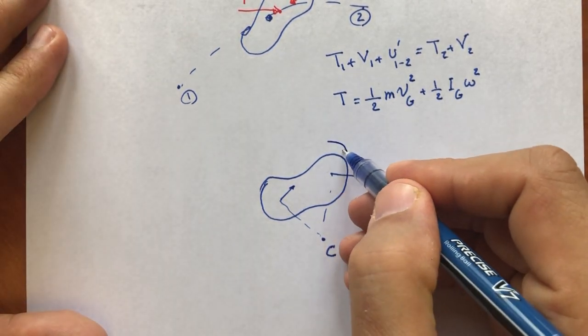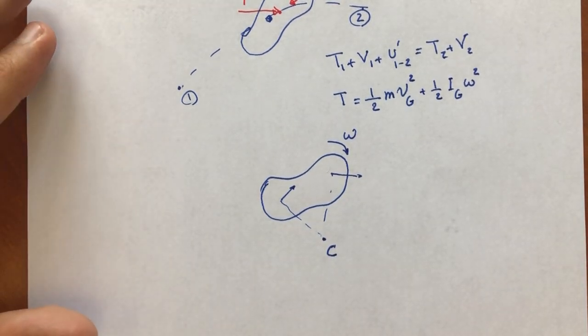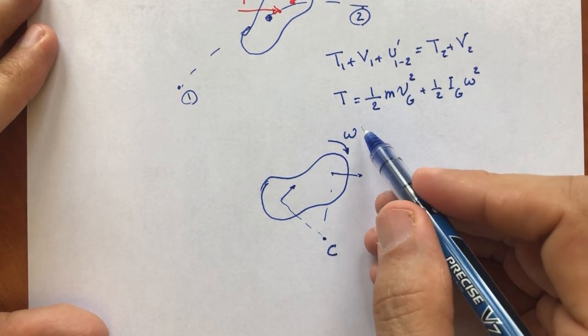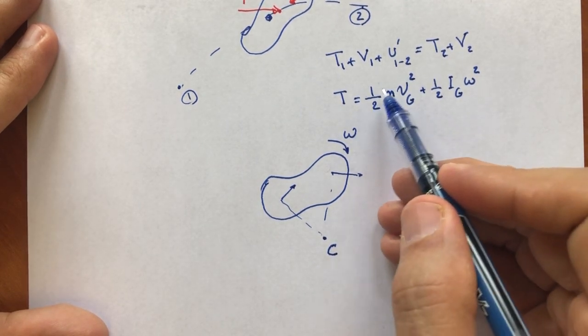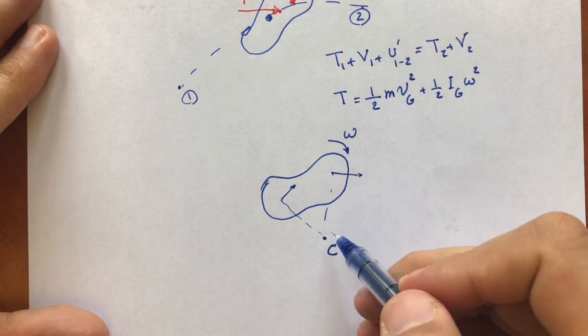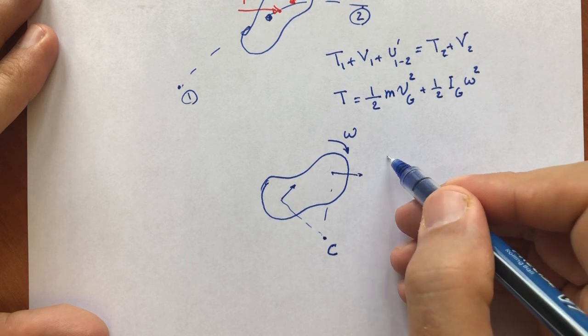Also, let's say it is rotating with angular velocity omega. To calculate the kinetic energy, you can use this equation. This equation is always correct. But if you know where C is, sometimes it is better to use this equation.